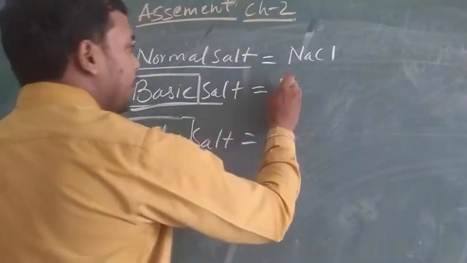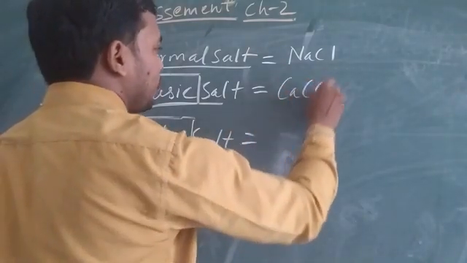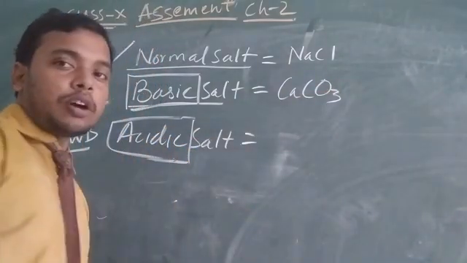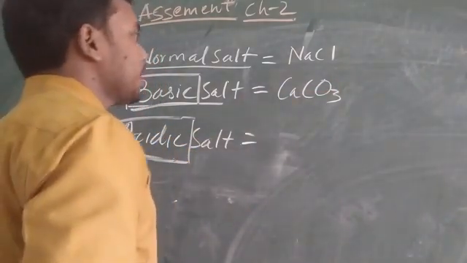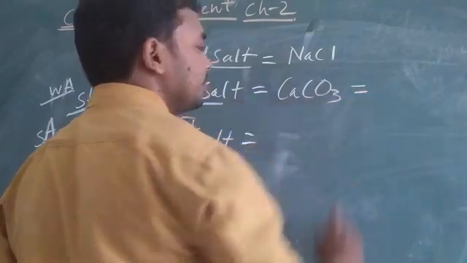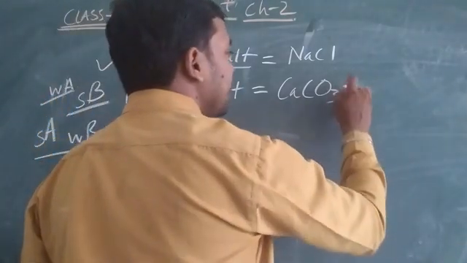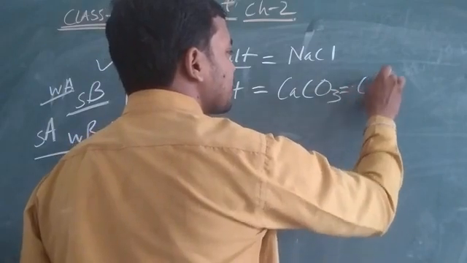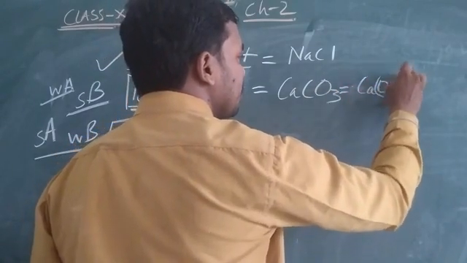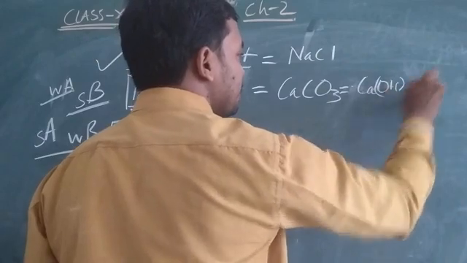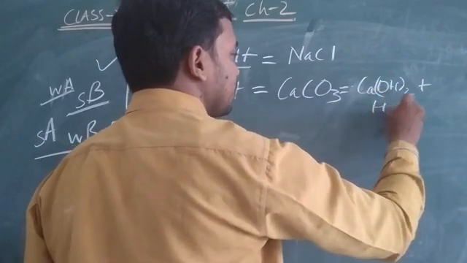Basic salt, that is calcium carbonate. It is formed by the combination of Ca(OH)2, that is calcium hydroxide, plus H2CO3.